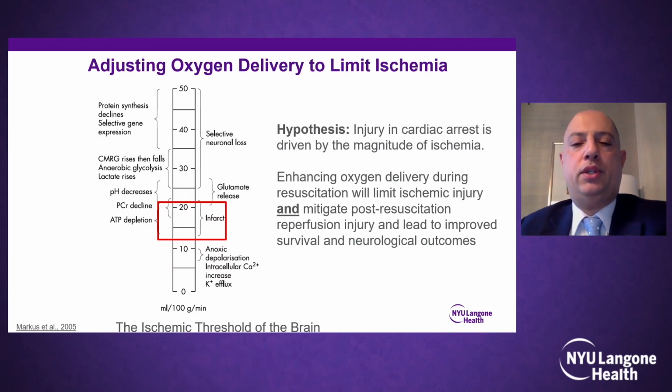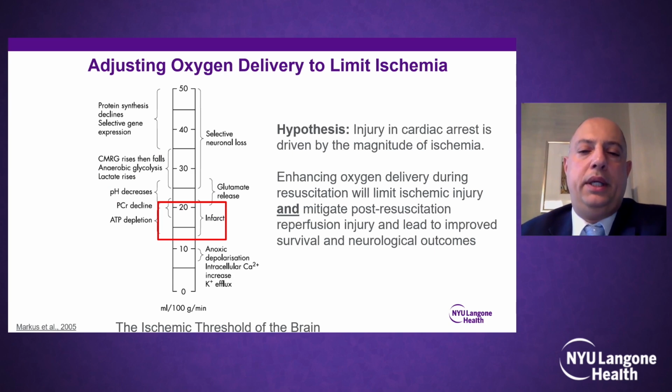To show this a bit better, think of that earthquake, think of the concept that there is a certain degree of brain damage that occurs as blood flow drops to the brain, as we all know. And usually the threshold that's used is about 20 mLs per 100 grams per minute of brain tissue. But the concept here is to think of it as a gauge that you could adjust.